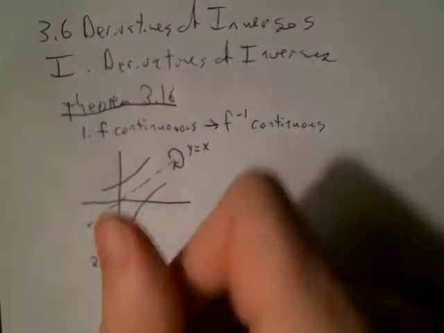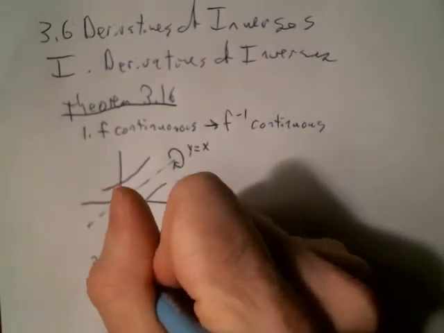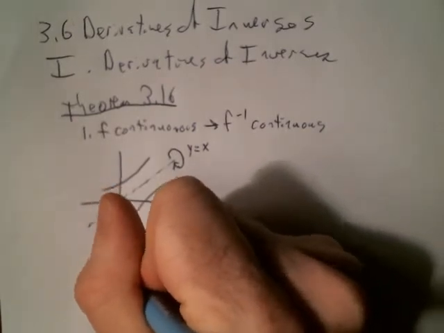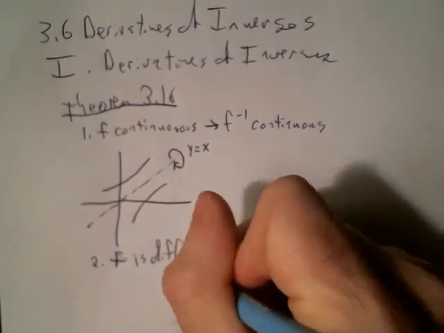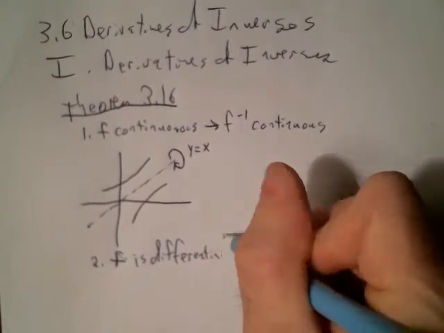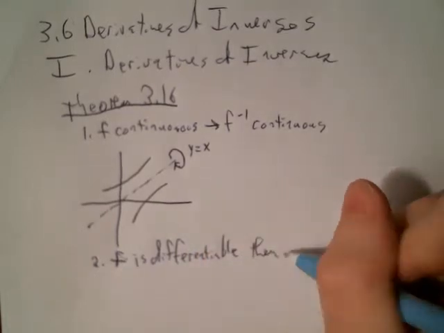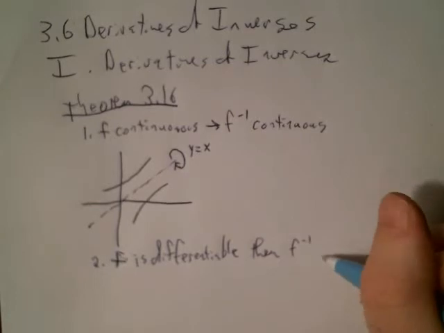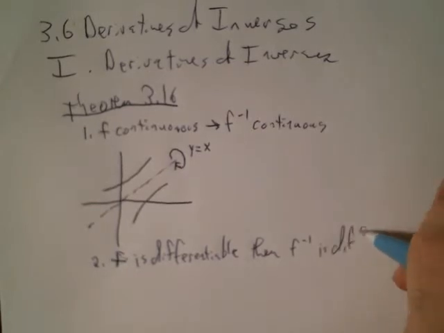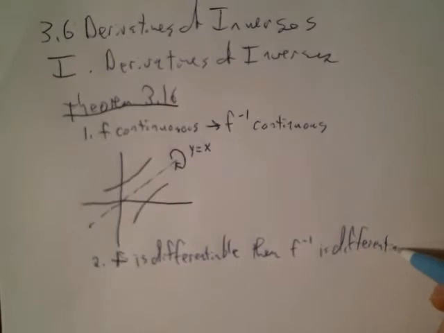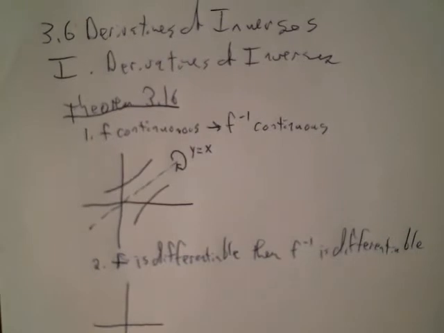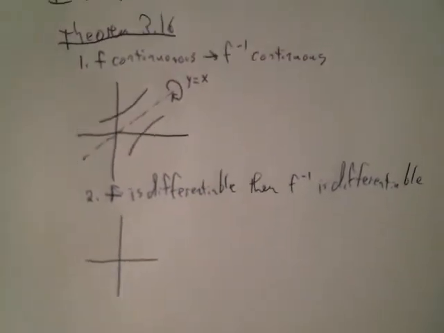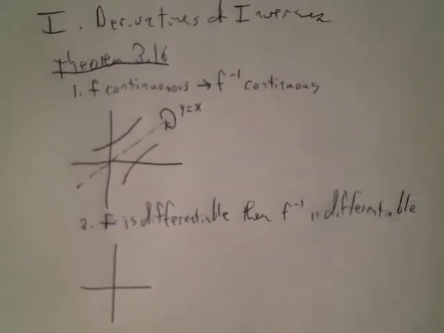Likewise, you can think of derivatives in this kind of way. If f is differentiable, then f inverse will be differentiable, sort of. Intuitively, what is the derivative of f? That's a function that tells you the slope of the tangent line at any given point on the graph.